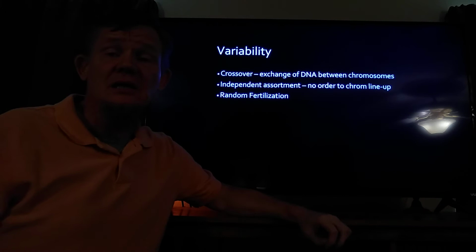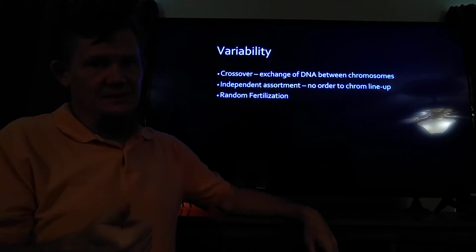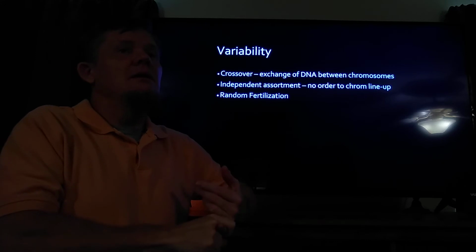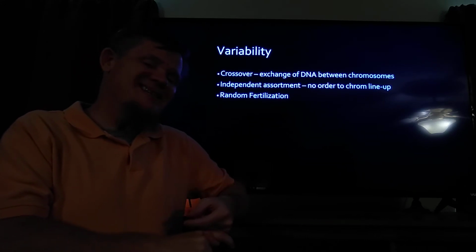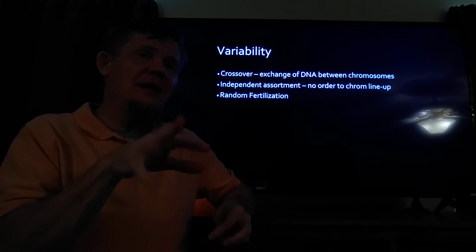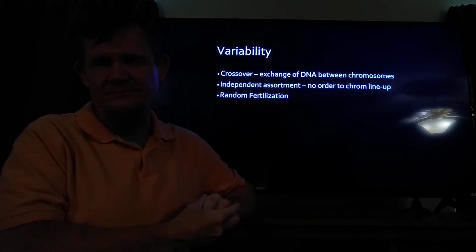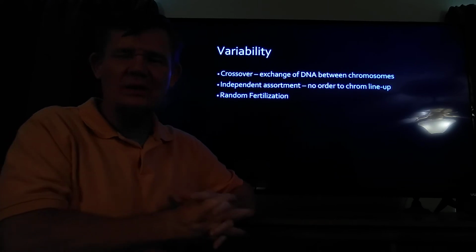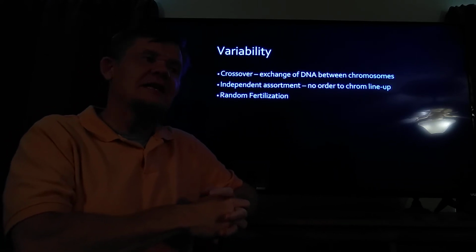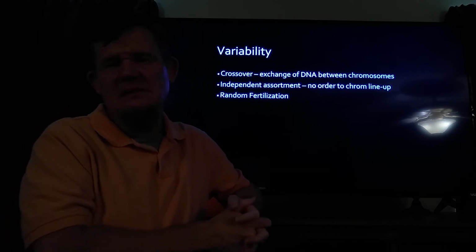The last one is random fertilization, and random fertilization means two things. The first one is, there's no reason why the egg that was released this month won. There are about 20,000 eggs inside a woman's ovaries, and one of them gets chosen to be released each month.